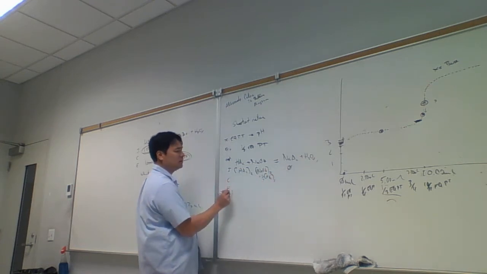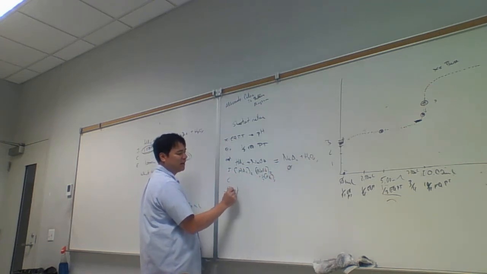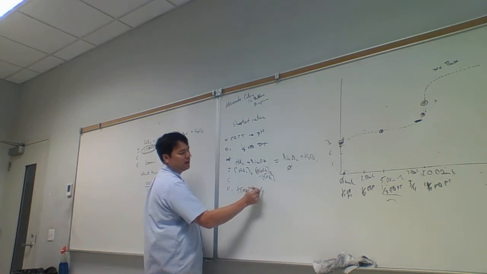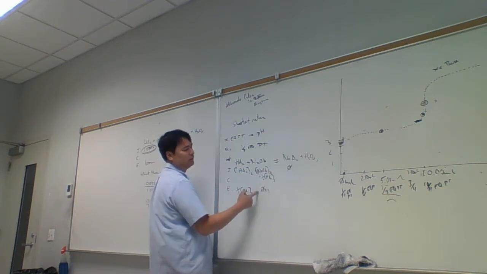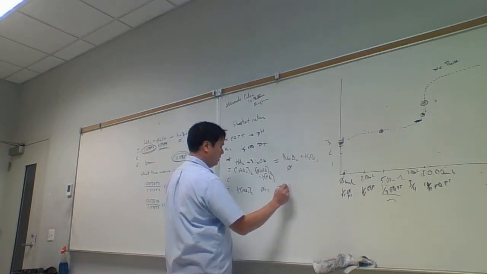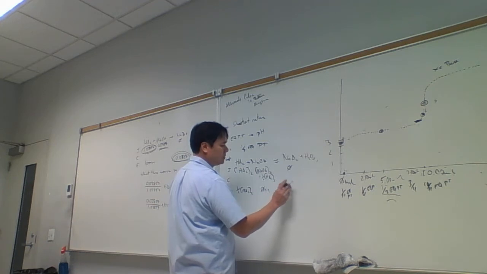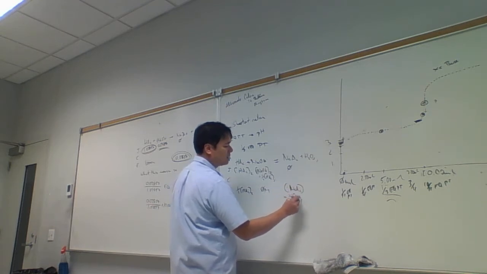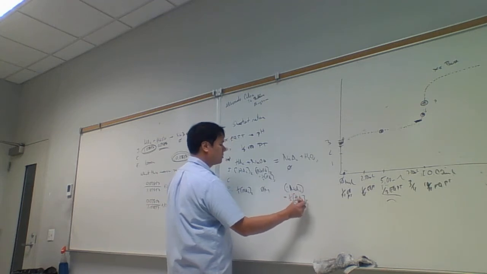At the end of this, I'm going to have half of my acetic acid left over, because half of it won't have been neutralized. I'm going to have 0 molar of this, and the sodium acetate that I'm going to end up with is going to be 1/2 the acetic acid. This is just based on the stoichiometry.